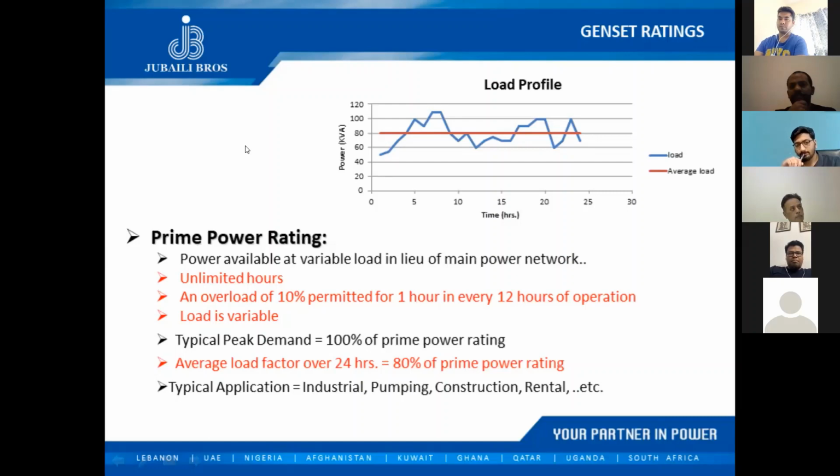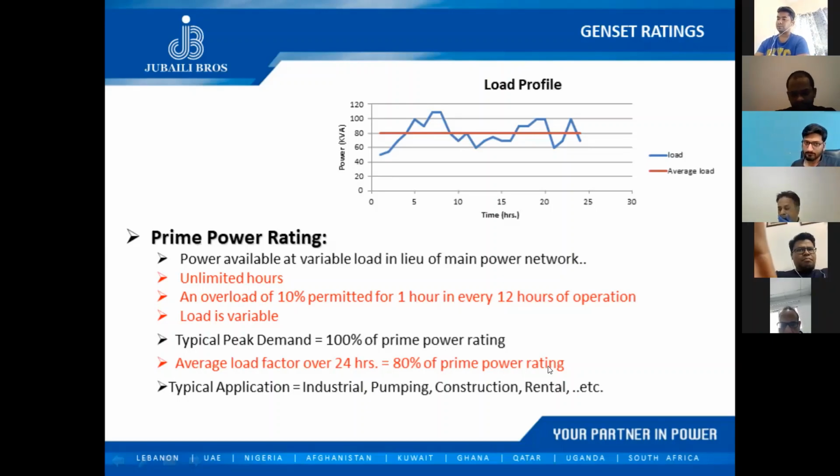Many people think, okay, I'll buy a 100 kVA genset and I can use it at 100 kVA continuously. No, that's wrong. Your average load factor over 24 hours should not exceed 80% of the published prime power rating.